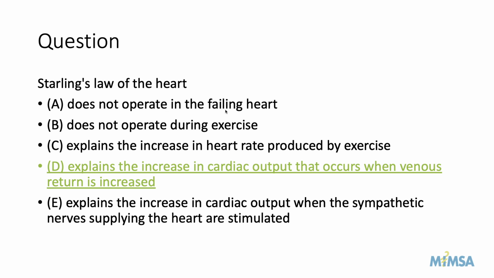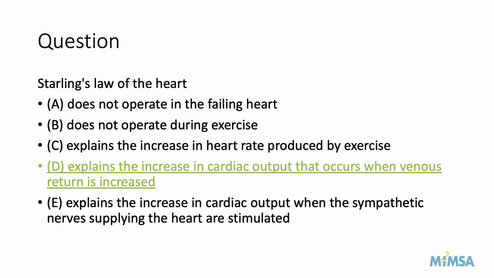So during a failing heart, when you have increased venous return, I'll talk about preload later on, and you have a higher stretch, then that will increase contractility. It obviously operates during exercise, so that statement is wrong, because if you start exercise, you have increased venous return, that rapidly increases the contractility as well.